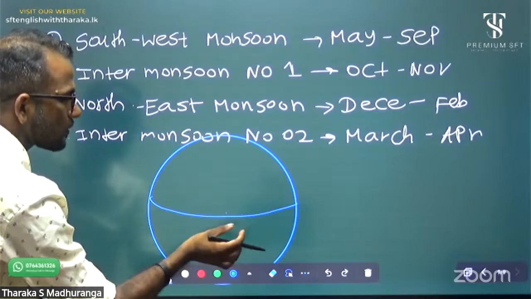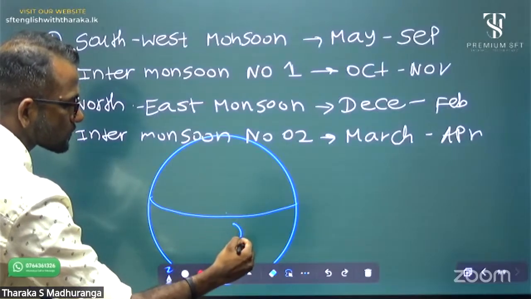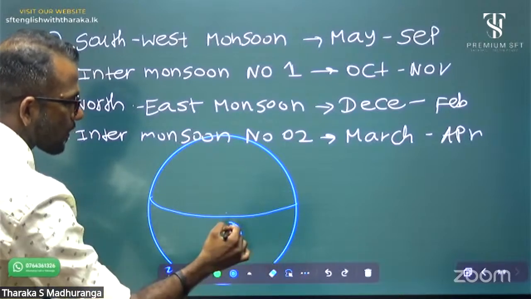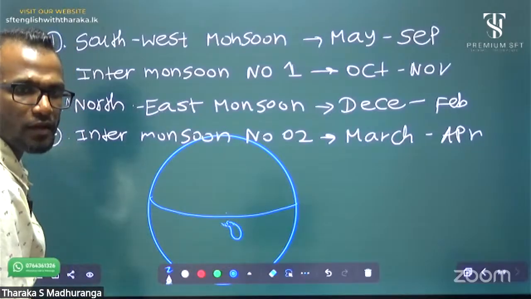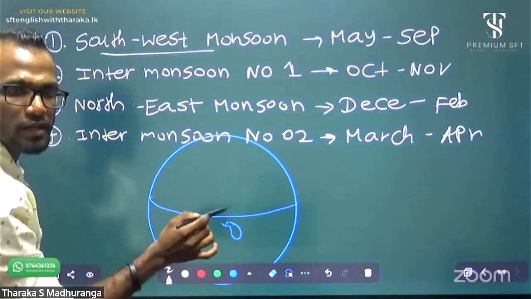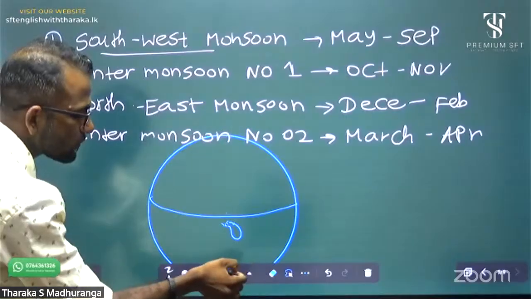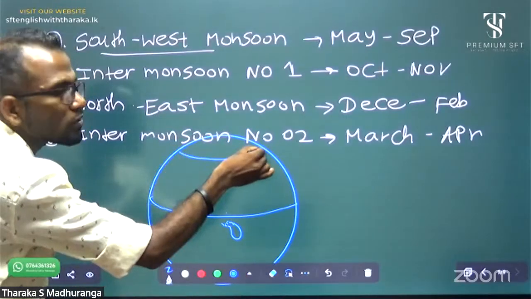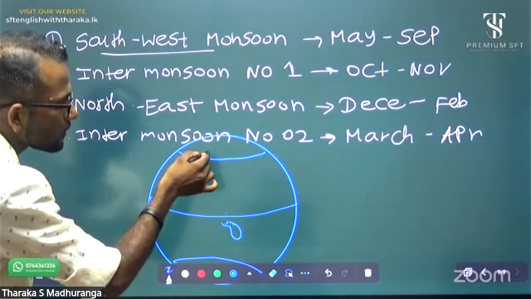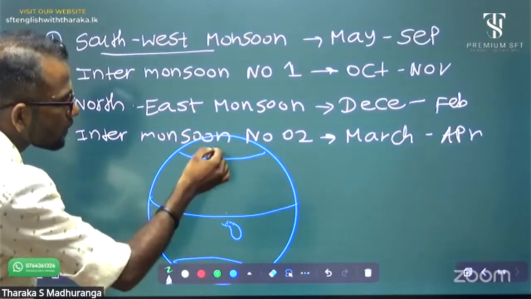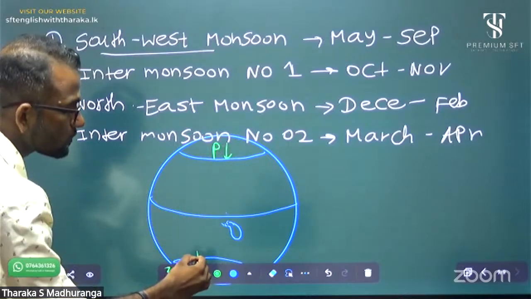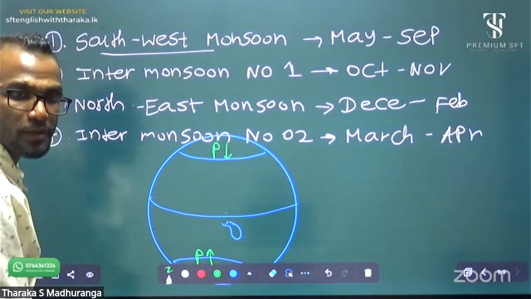Now in this southwest monsoon period, the pressure of the Earth is such that the North Pole pressure is less and the South Pole pressure is greater.